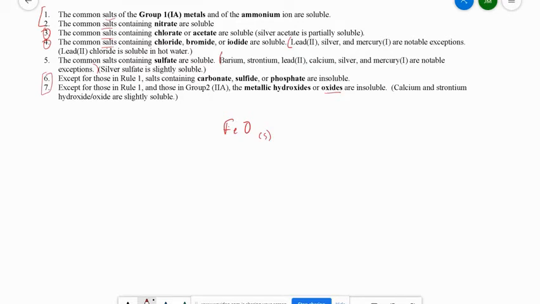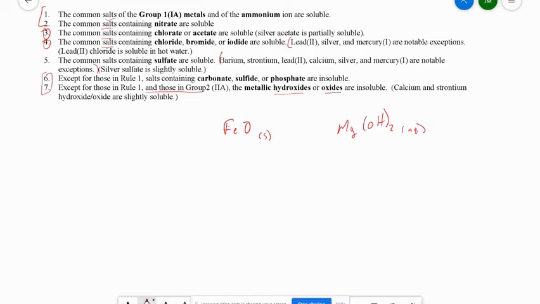On the other hand, something like magnesium hydroxide, those in group 2, hydroxide, this would be aqueous.